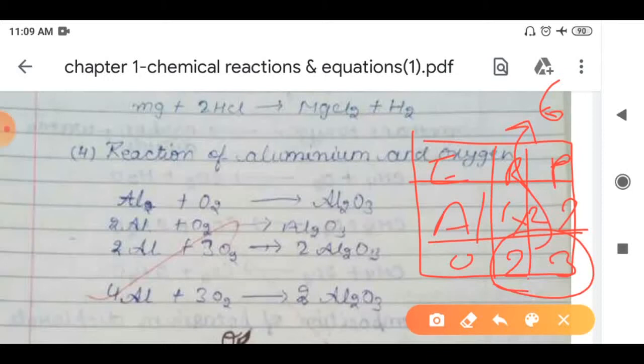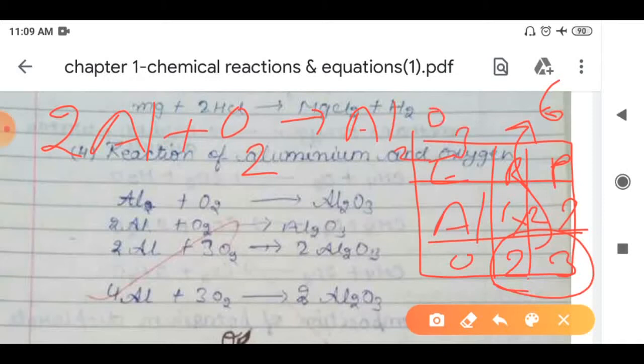So in the next step, the first step was twice of Al plus O2 is equal to Al2O3, we have already discussed, right? Now the oxygen which is present in the reactant side, just multiply it by 3 in order to get 6.